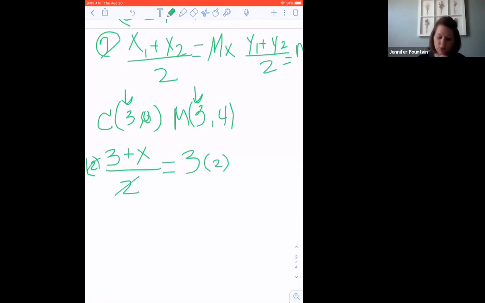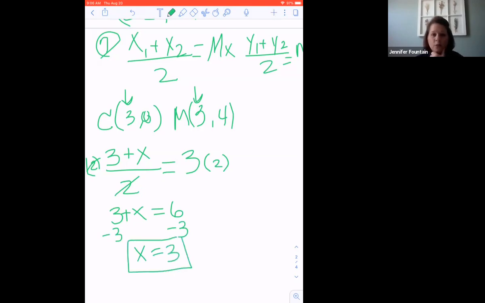These are going to cancel. So I've got 3 plus x equals 3 times 2, which is 6. Trying to solve for x, and I have a positive 3 with it, so I'm going to have to subtract it to move it. So now I have x is equal to 3. So I've been able to find the x value for my other point.